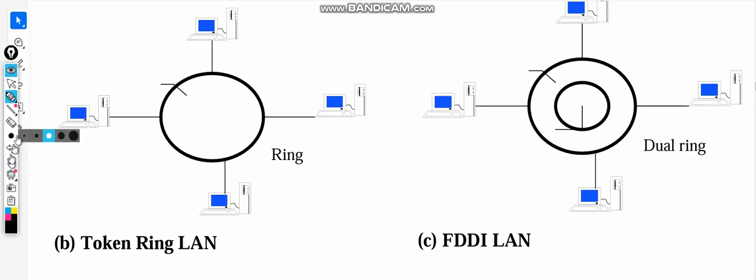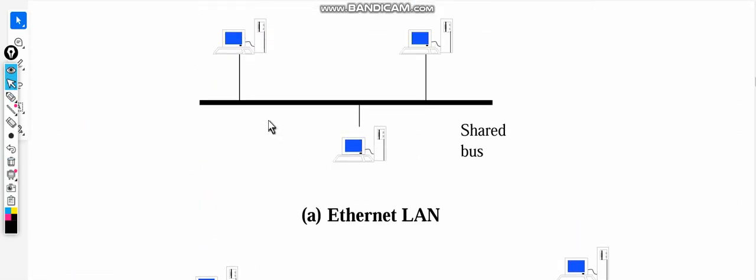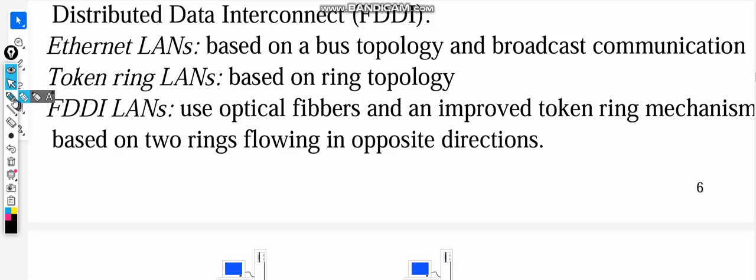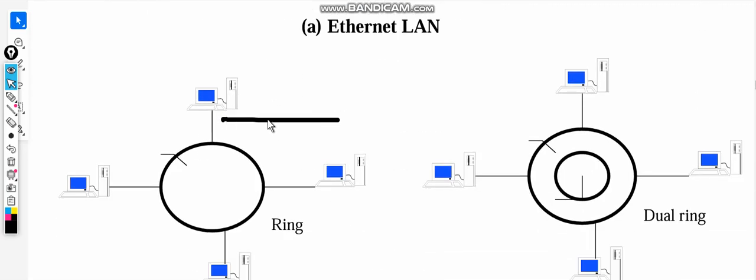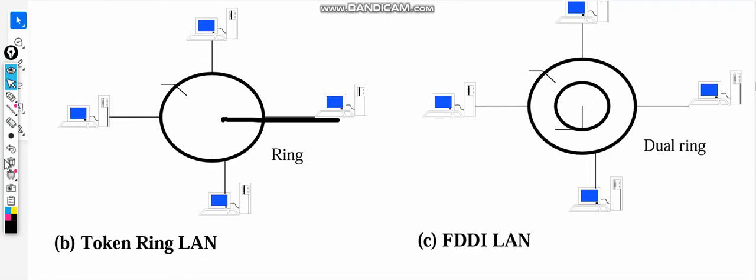What does an FDDI LAN use? It uses optical fibers and an improved token ring mechanism based on two rings flowing in opposite directions. See, in this token ring LAN, the direction is unidirectional.